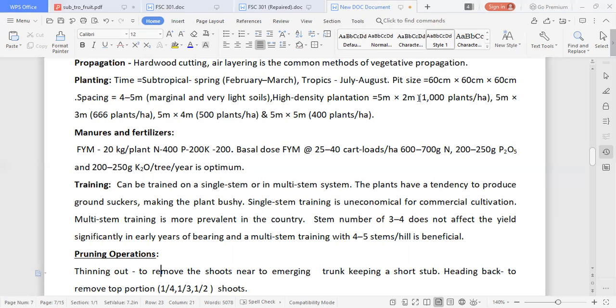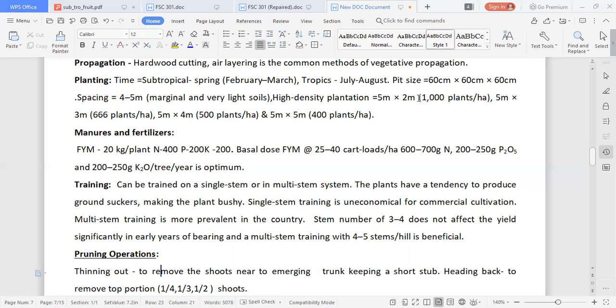Those will be unproductive. If you simply keep those suckers, there will be nutrient loss, and that way it will harm your yield. So it is better to remove those ground type of suckers, keeping all these 3 or 4 stems from the ground itself.